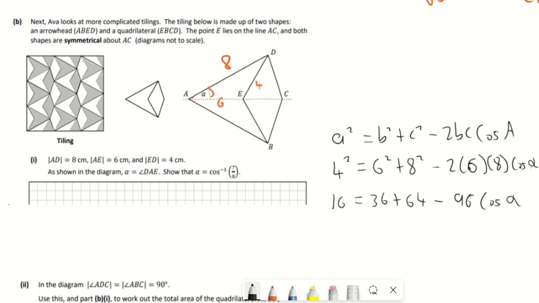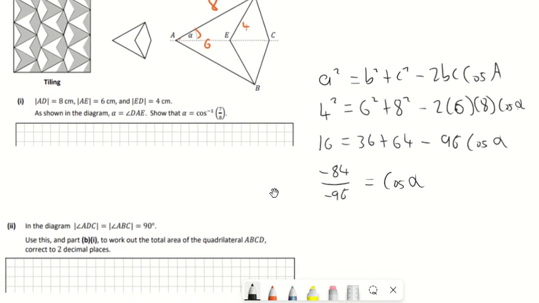So we get minus 84 over minus 96 is equal to cos alpha. That's bringing across the 100 and subtracting it, and then dividing by minus 96.